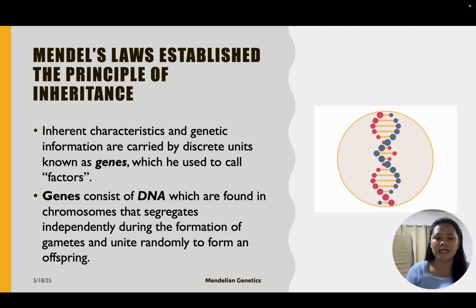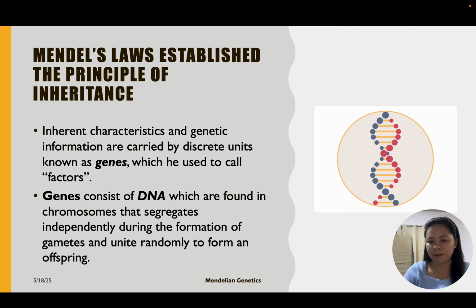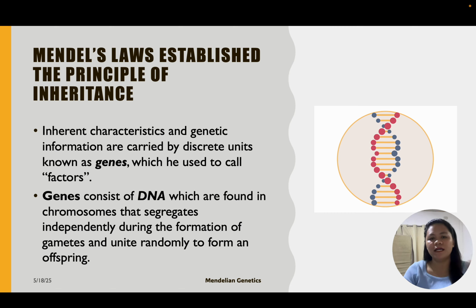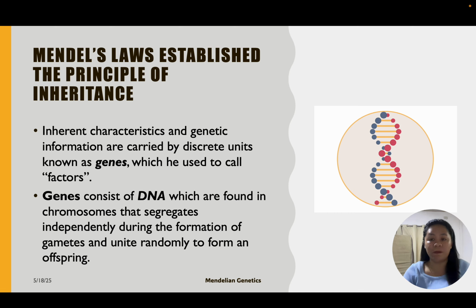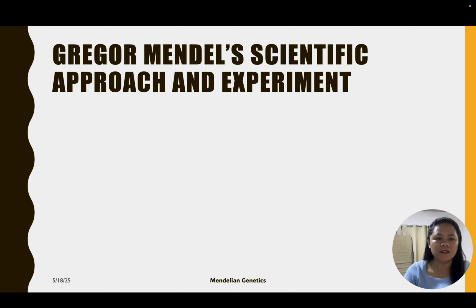In this lesson, you will revisit this topic since you already encountered it in grade 8. The laws of heredity were formulated by Gregor Mendel, and you will discover how pedigree is applied in genetics. Later on, in the last part of this slide, we're going to be talking about pedigree. So, Gregor Mendel's scientific approach and experiments.